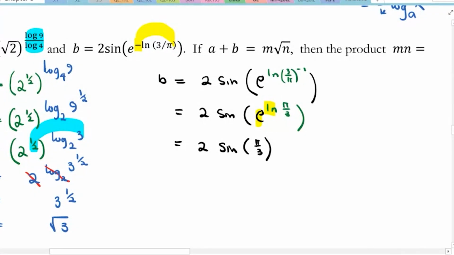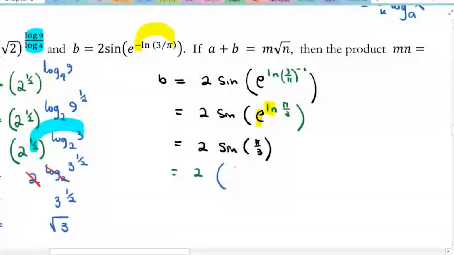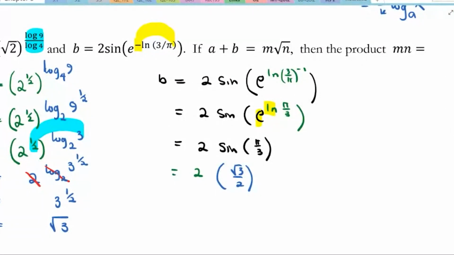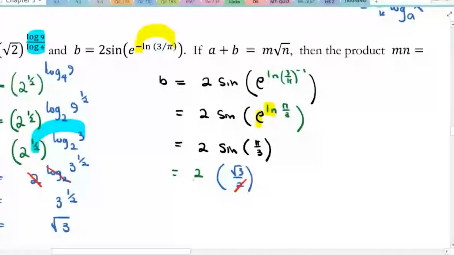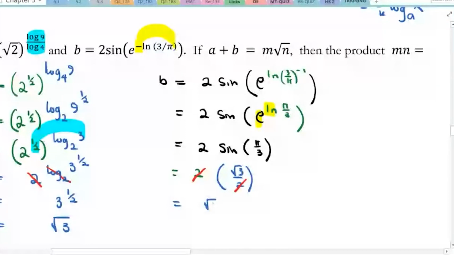Sine of pi over 3, that means 60 degrees, right? What is sine of 60 degrees, gentlemen? The sine of 60 degrees is going to be equal to root 3 over 2. Root of 3 divided by 2. So here, 2, we cancel with 2. And again, gentlemen, b is equal to square root of 3.